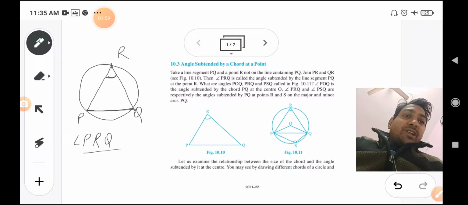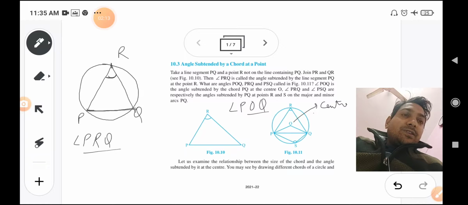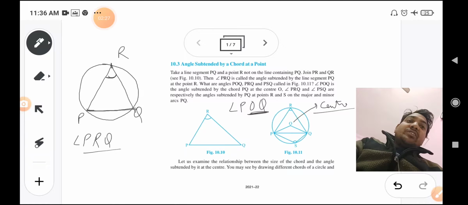If someone asks what angle POQ is, O is the center, right? So you can say angle POQ is the angle subtended by chord PQ at center O, right?